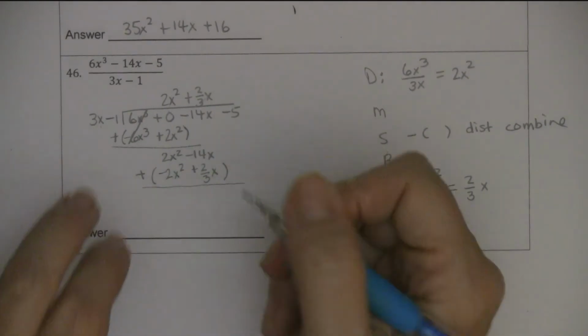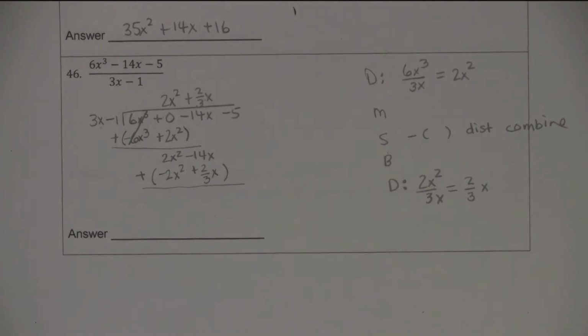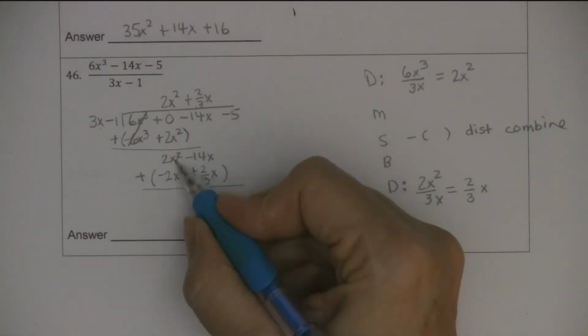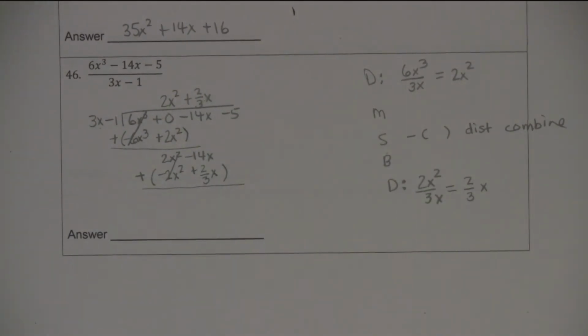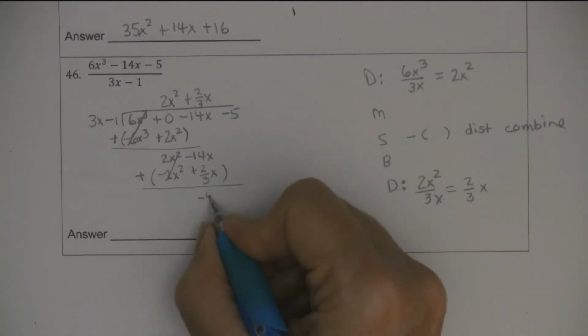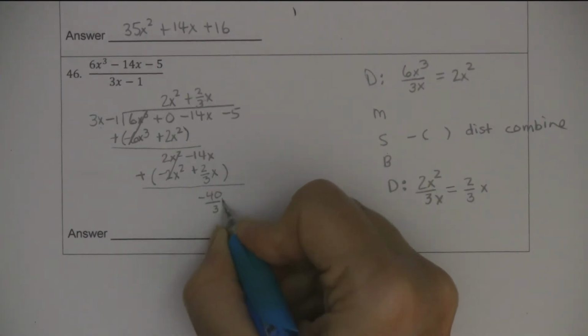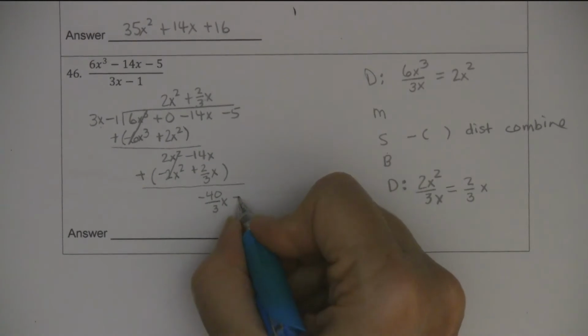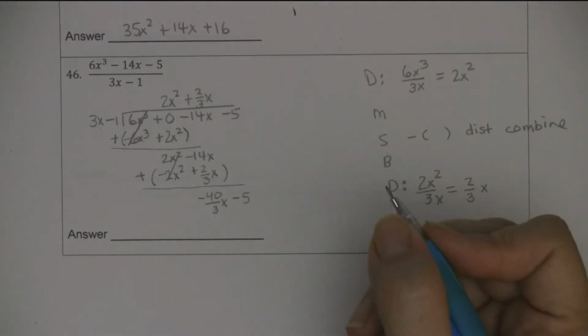And I'm feeling like I need my calculator to do -14 plus 2/3. This is 0. Which is -40 over 3. And I'm going to bring down the 5, -5.